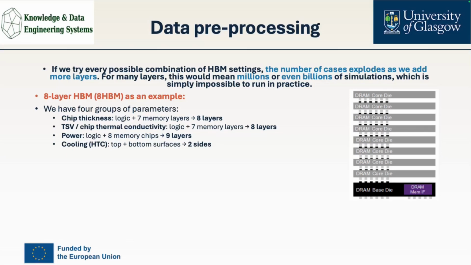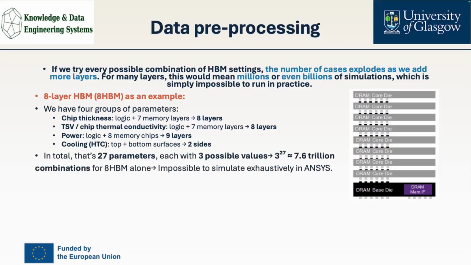For the cooling, we could have the top and bottom surface, 2 sides. In general, we will have 27 parameters, and each of these parameters has 3 possible values: low, medium, and high.